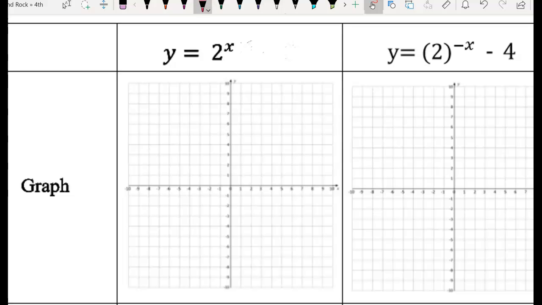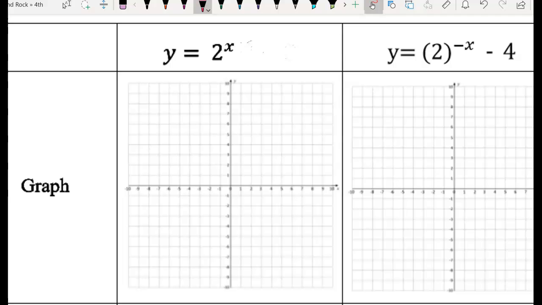Now, 2 raised to the power of x is a parent function. 3 to the power of x, what is that? What if I change the base from a 2 to a 3? What transformation has happened there? It's a trick question. It's also a parent function.